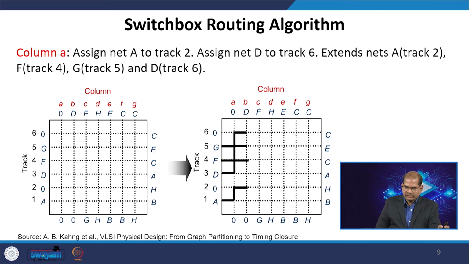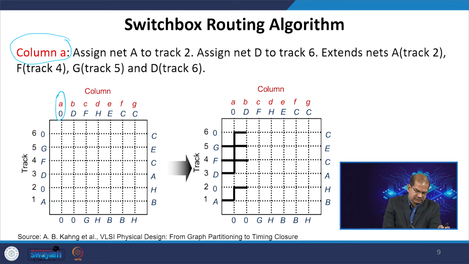So, we will consider one column at a time. The first column is column A. If you can see here, what will we do? We will route all the horizontal metal first.